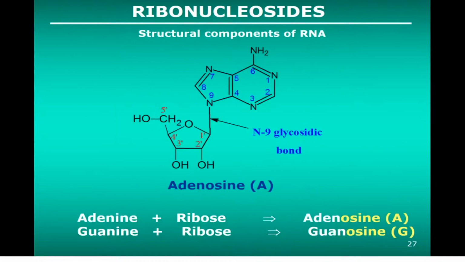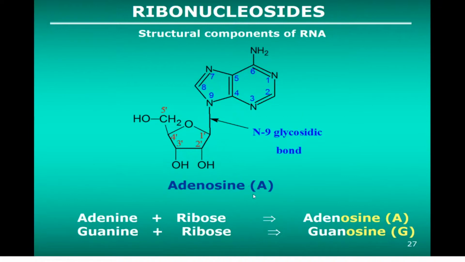When we deal with purine nitrogenous bases, adenine and guanine, for RNA there will be a similar bond, but it will be bonded to the 9th nitrogen in the purine nitrogenous base. So this is adenine. For guanine, a similar structure, but the second position will be an amino group and the 6th position an oxo group.